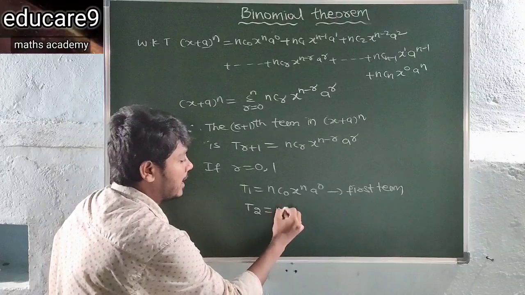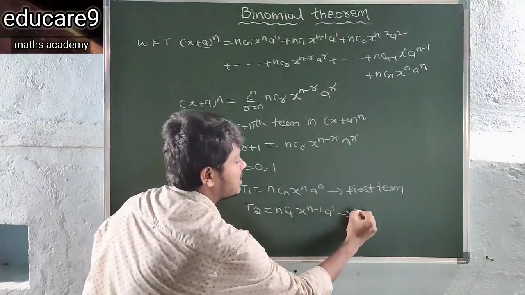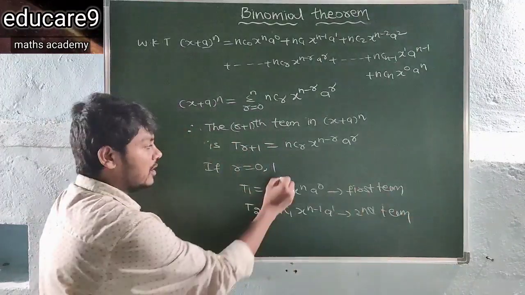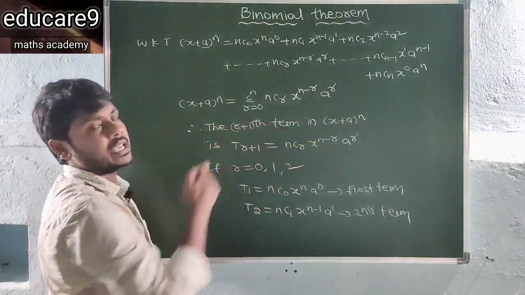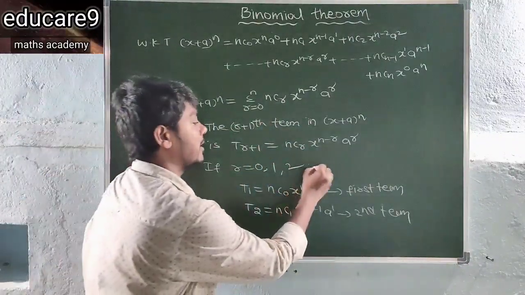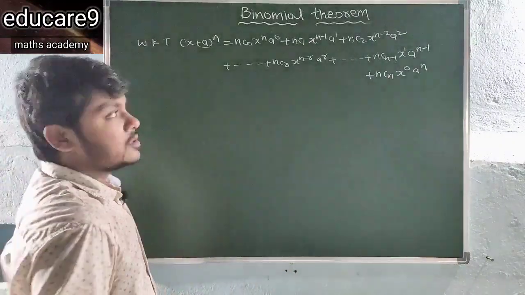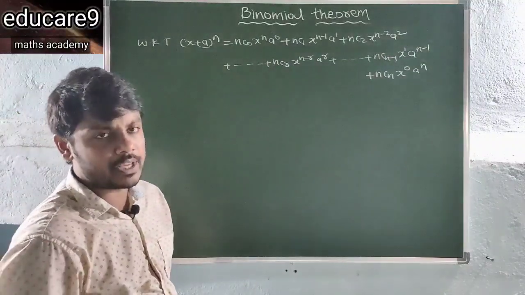So clearly nC1 x^(n-1) a. So this is the second term. If r equals 2, you will get the third term. If r equals 3, you will get the fourth term and so on. Okay.